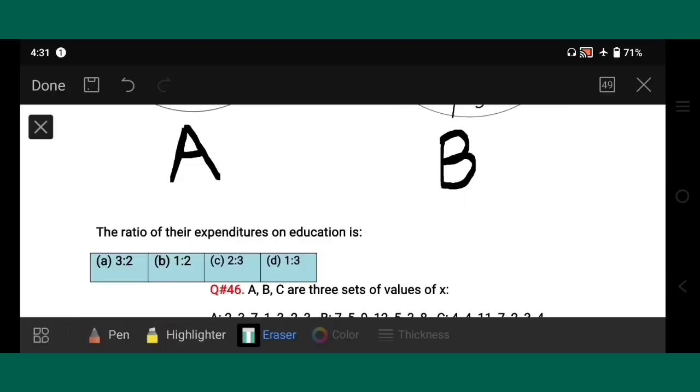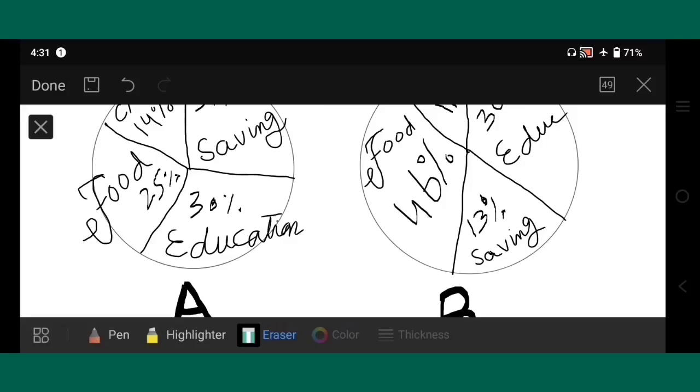We have given two pie charts, one for family A and the other for family B. So find the ratio of their expenditures on education is, the options are 3:2, 1:2, 2:3, 1:3. So here we are going to find the ratio of their expenditures on education.